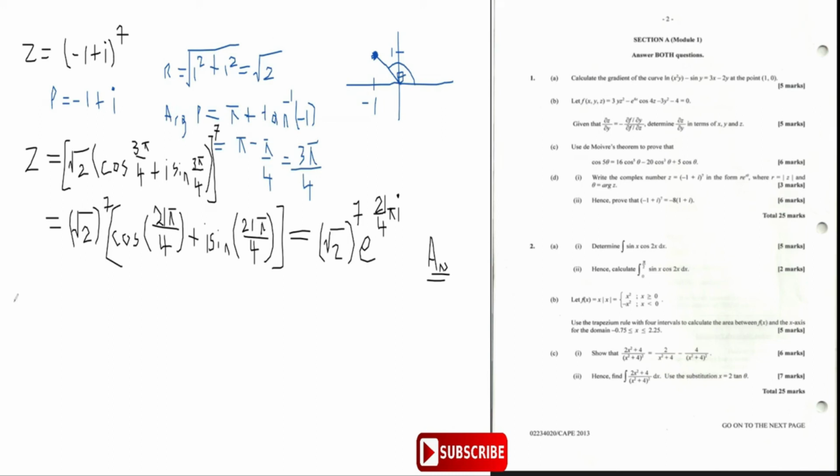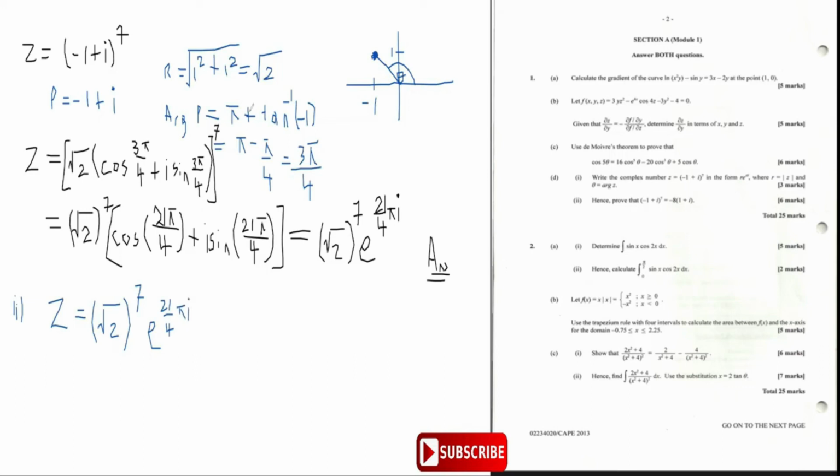So now for part 2, it said hence. Remember, we said that z is this. So let's write that down. We said that z is equal to root 2 to the 7th power times e to the 21 over 4 pi i.